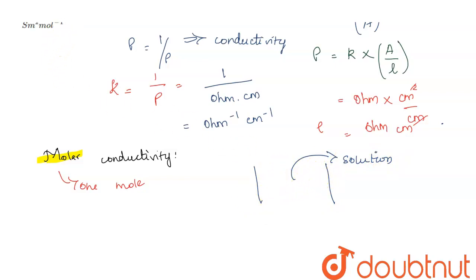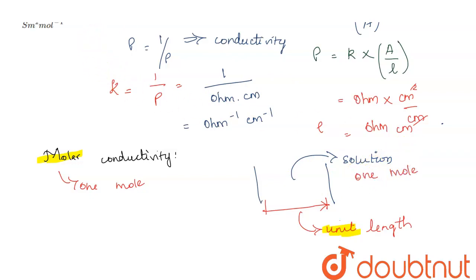Molar conductivity means that the distance between these two electrodes has to be of unit length, whether 1 centimeter or 1 meter, not more than that. The solution has to contain only 1 mole of electrolyte.